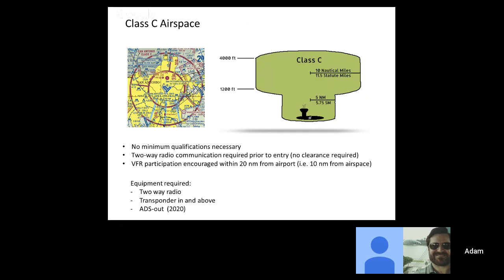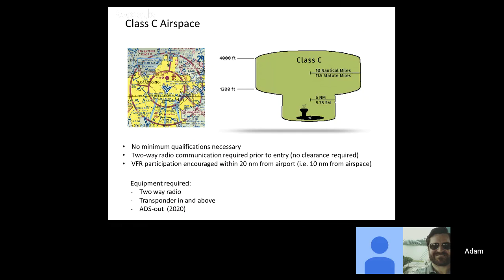But they do not have to give you a clearance. They can simply acknowledge your radio transmission, and that's all you need to enter the airspace. And to answer your question further, Class Charlie just is not as busy, so they don't have the requirement of actually giving you a clearance.